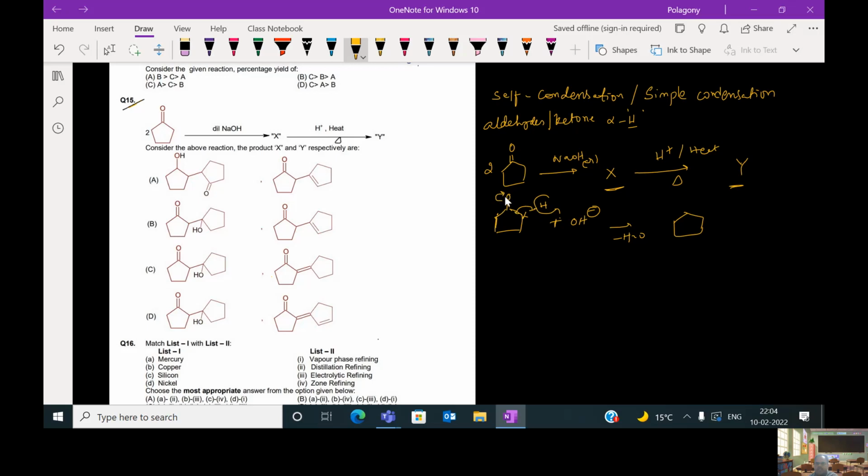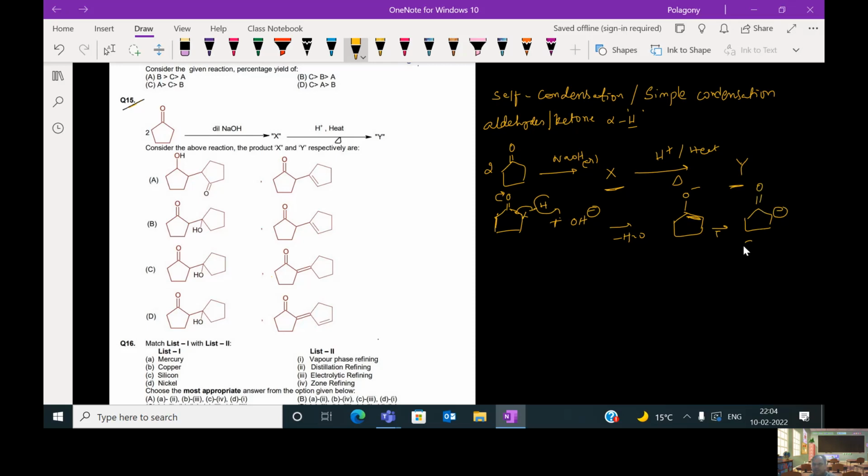Then there is delocalization of pi electrons. Here is O minus, and the pi bond is formed. Since it is an enolate ion, it undergoes resonance, and again there is a negative charge here and the ketone functional group.